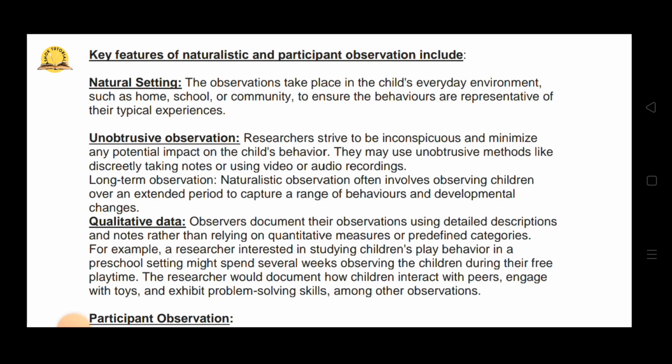In a certain situation the child may behave differently, and in another situation in a different way. So we have to take good care when researching a child using naturalistic and participant observation.